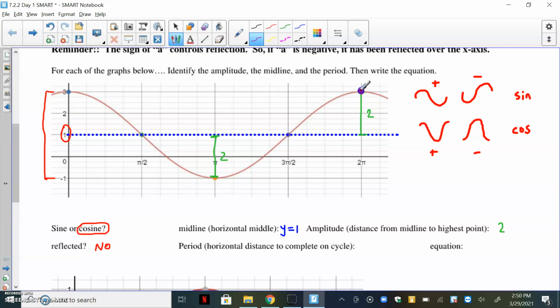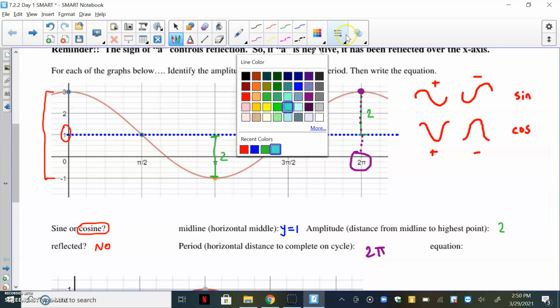And to find the period, then you trace that down to the x-axis and see what value you lie on. So in our case, it's 2 pi. Now that is the default period, so here clearly there hasn't been like horizontal shrinkage or anything, but sometimes there will be, and you'll see examples of that on my Open Math.